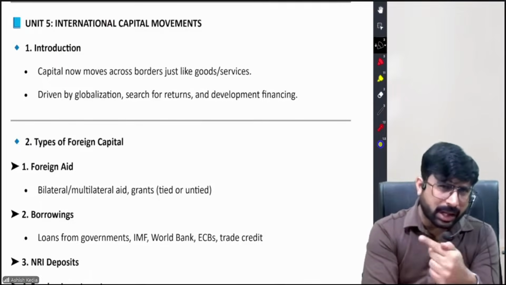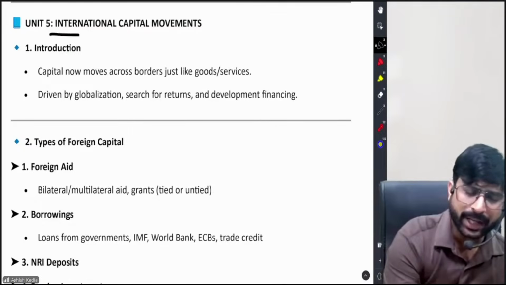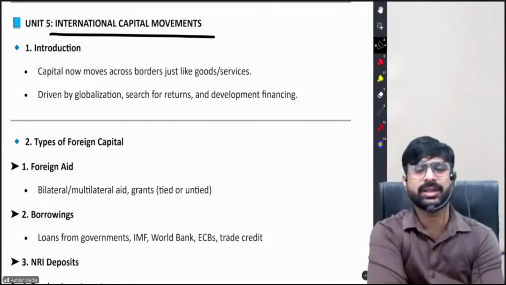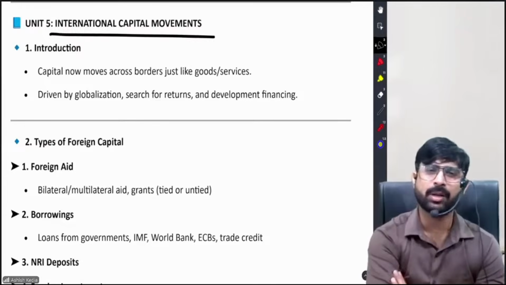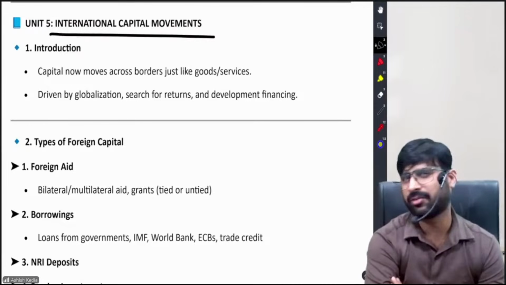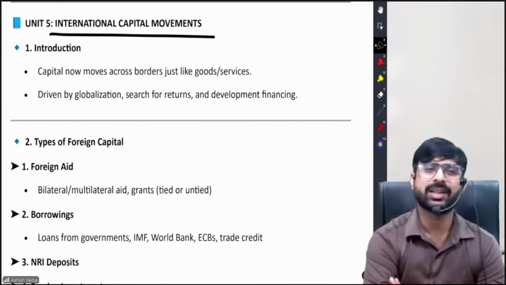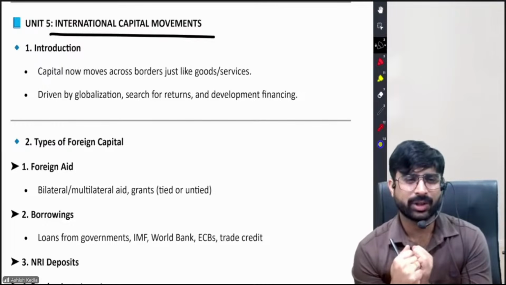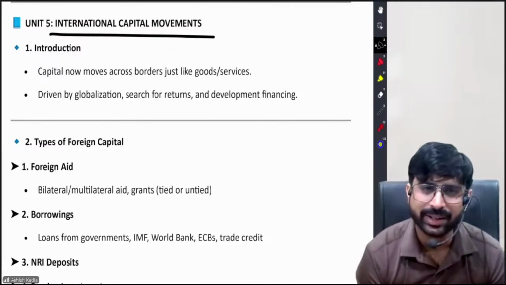Before I tell you these two terms, why are international capital movements needed? What is international capital movement? Money moves from one country to another country, correct?